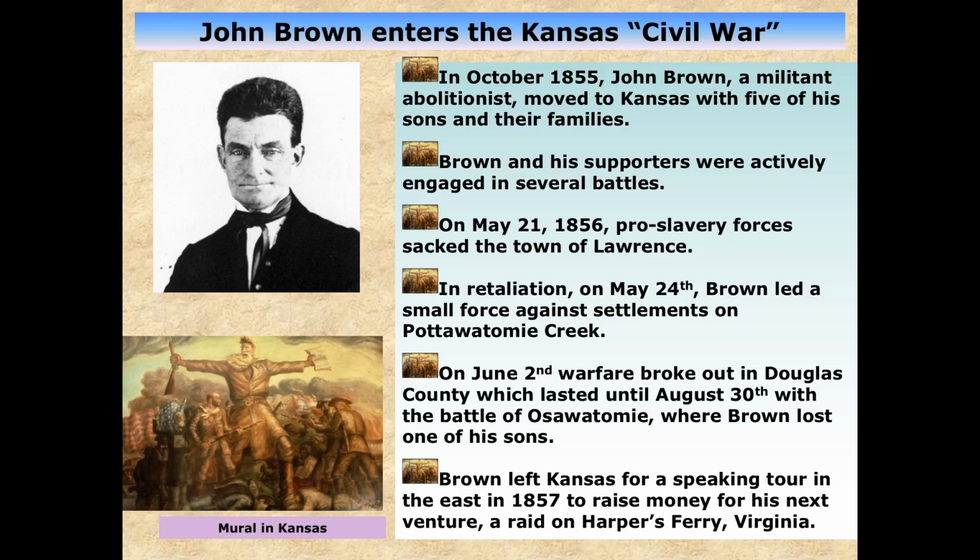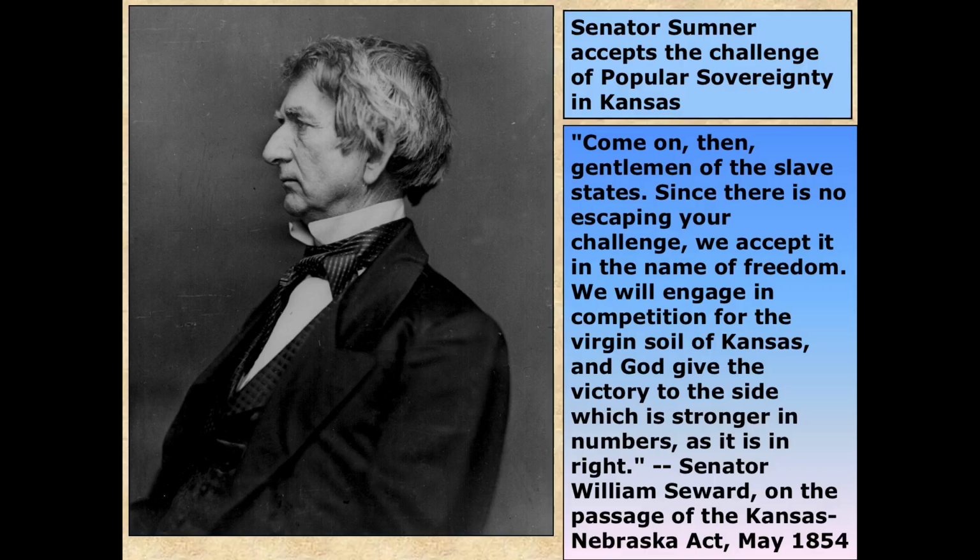We've seen Bleeding Kansas. The violence carries over even to the Senate. Here we go. Alright, the picture that you're seeing on your screen here is Charles Sumner. He is a hardcore abolitionist. Okay?